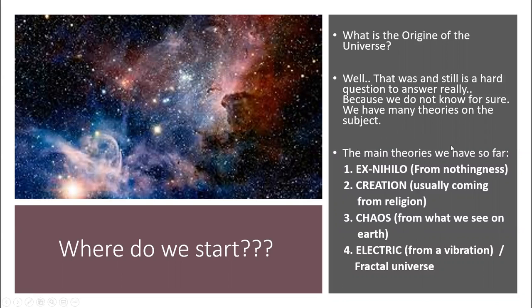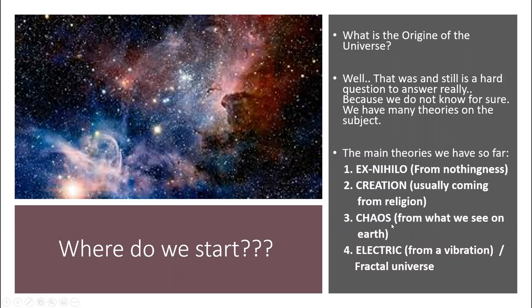But there are different theories. There's the ex nihilo, which says that it comes from nothingness. That is very interesting. The creation. Usually that is coming from a religion of some sort where a god created everything.